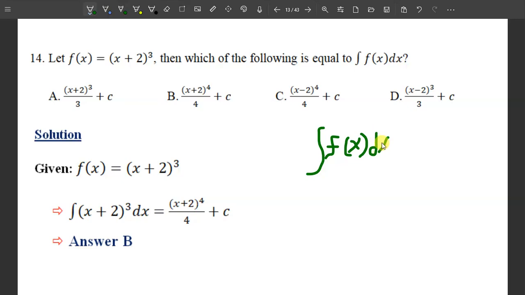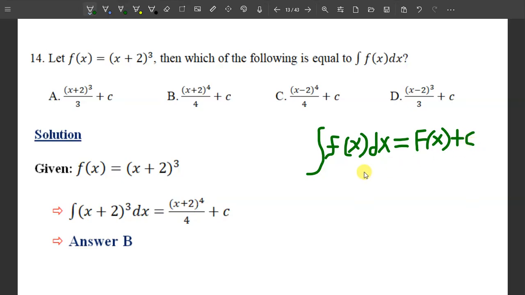Now, let capital F be the antiderivative of small f, the function which is represented by small f. Then the integral is given as F of x plus a certain constant number c. That is how we define the indefinite integral of a function.